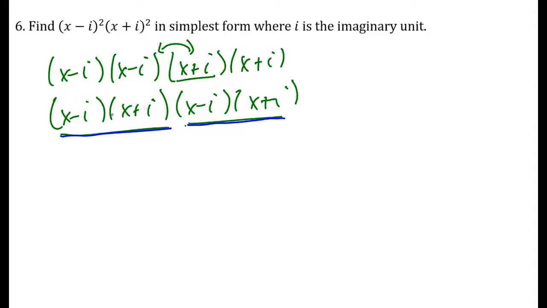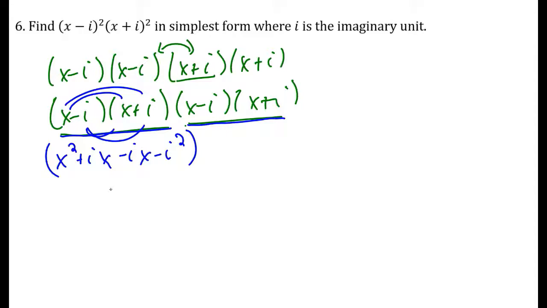Well, (x − i) times (x + i) is x squared plus ix minus ix minus i squared. That's what that calculation is. Those add to 0, and I get x squared minus i squared, which is plus 1. Times, well, what's this quantity?